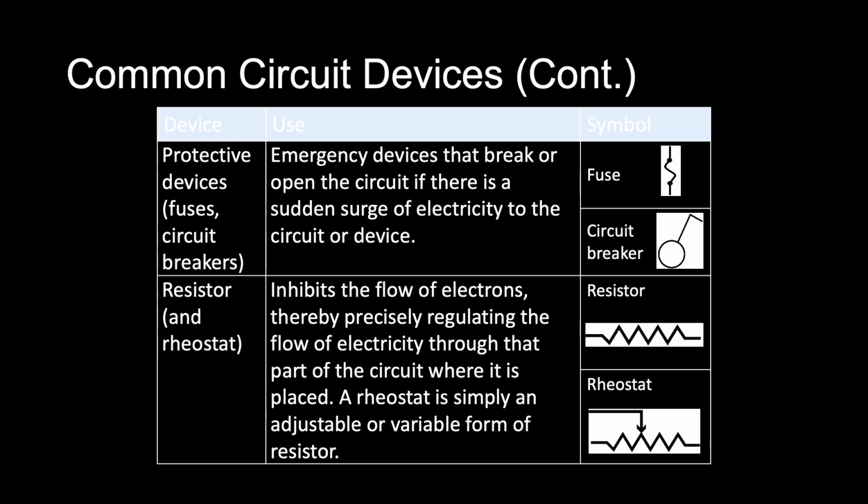A resistor is a device designed to inhibit the flow of electrons. It precisely regulates the flow of electricity through the part of the circuit where it's placed. And then a rheostat is simply an adjustable or variable form of a resistor. And you can see next to them the symbols that we use in the circuit.